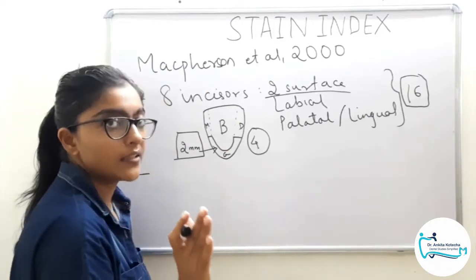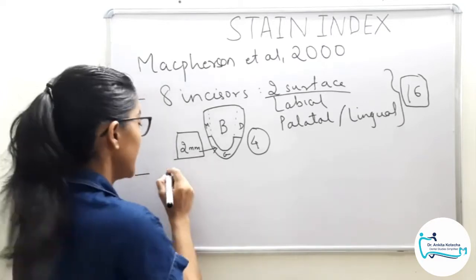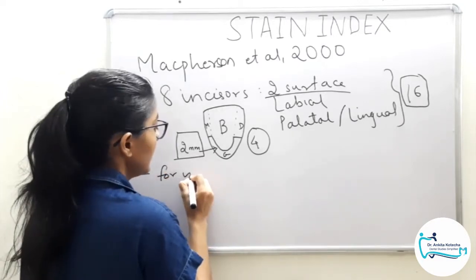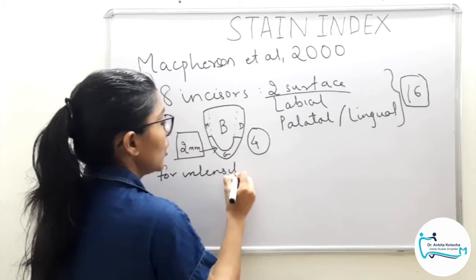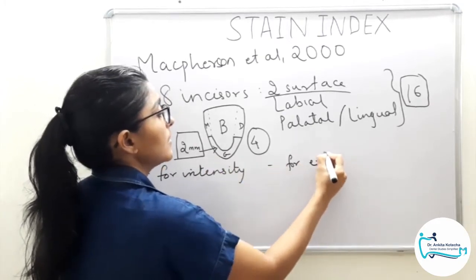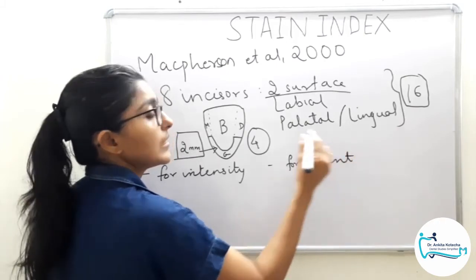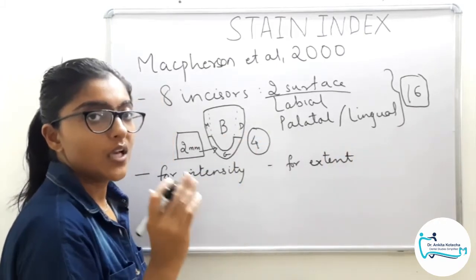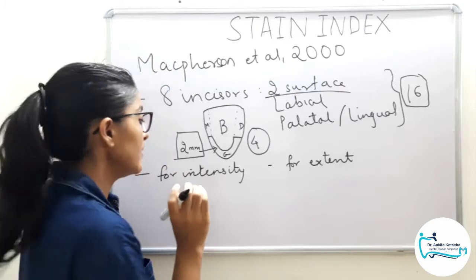The scoring criteria, the method is the same, that is for intensity and for the area of distribution or extent. But the modification is in their scoring criteria. The scoring criteria has been modified.